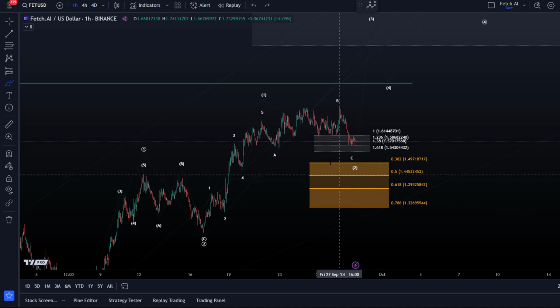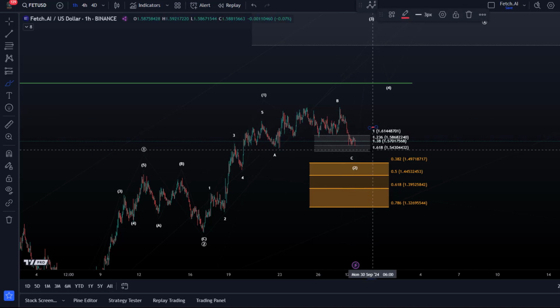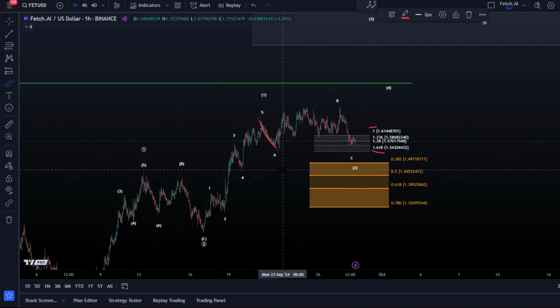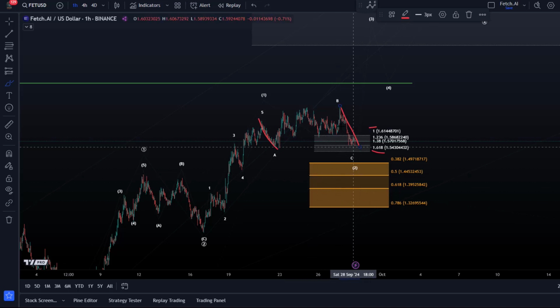For example, wave C usually reaches the 100% to 161.8% extension of the initial A wave to the downside. So this C wave here can pretty much reach this area. We're now in this standard Fibonacci extension zone.